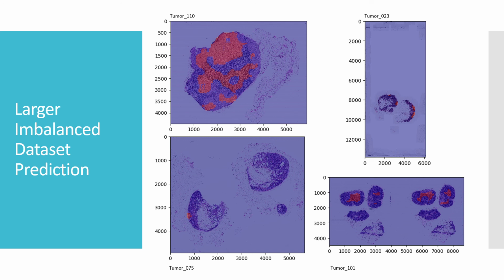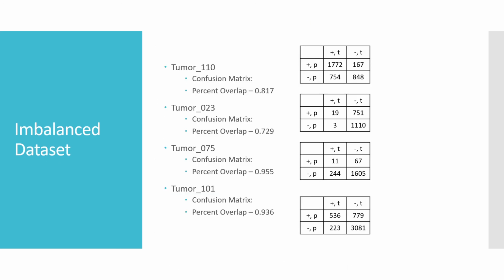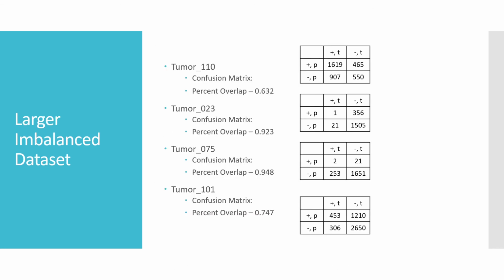But that's difficult to say because that has such few cancer cells to begin with. The overlap is okay, but it's definitely worse if we look at 110, for example. Here it's 0.81, and here it's only 0.63. So it's a bit strange.